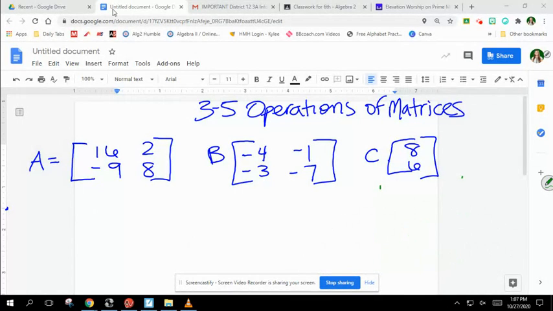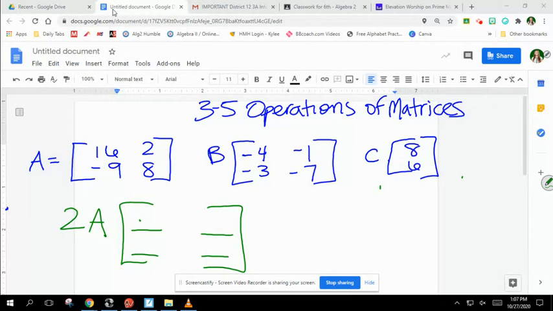Scale factor. If I said 2A, what do you think you would do to A? Okay, so what would this top number be? What would the bottom number be? Bottom left.